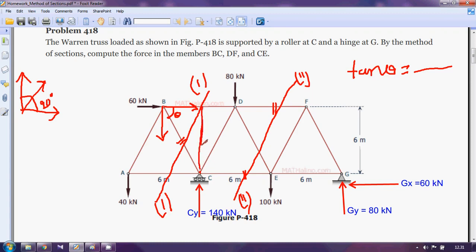So in this triangle, BCD prime, the perpendicular is 6, and the base will be half of 6 meter, because this is 6 meters. So BD prime is 3. So theta equals tan inverse 2.